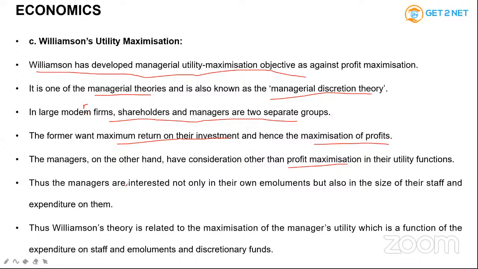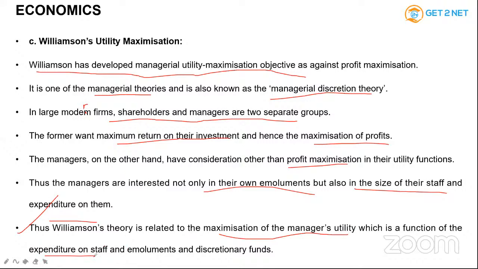Okay, so thus the managers are interested not only in their own growth but also in the size of the staff and expenditure on them. So Williamson's utility theory is related to maximization of managers' utility, which is a function of expenditure on staff.